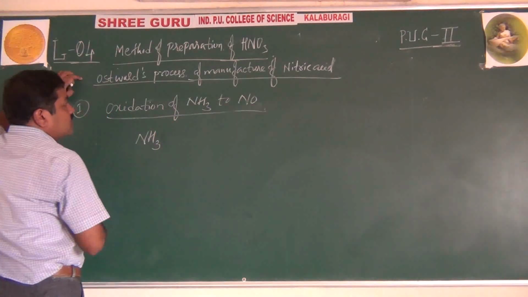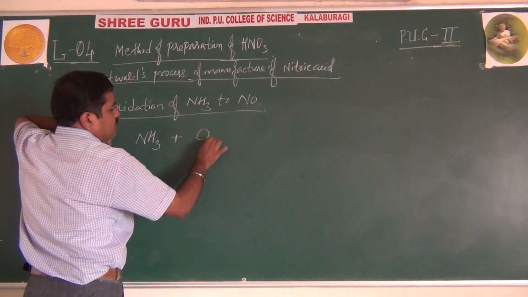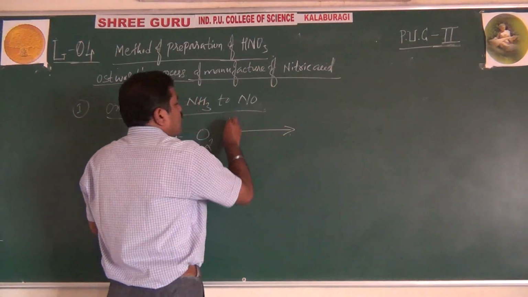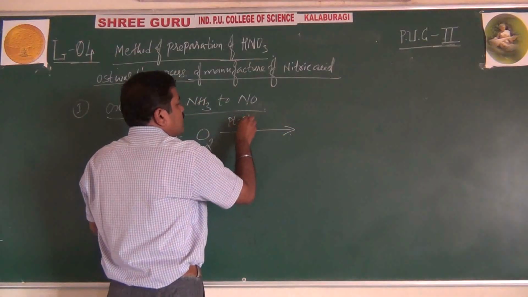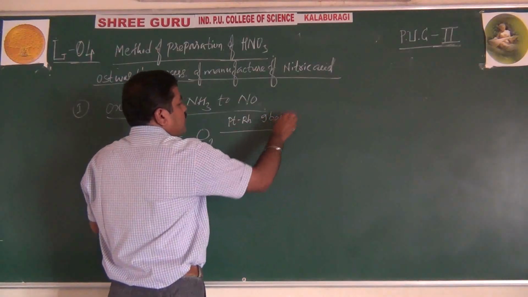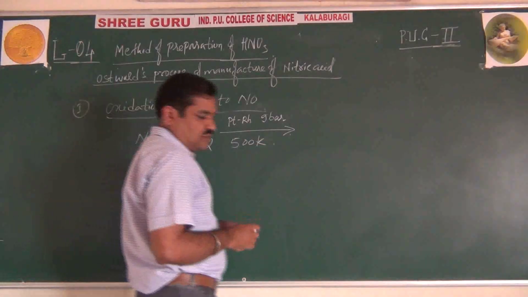Ammonia is a gas. It is treated with oxygen in the presence of platinum rhodium catalyst, under about 9 bar pressure and about 500 Kelvin temperature.